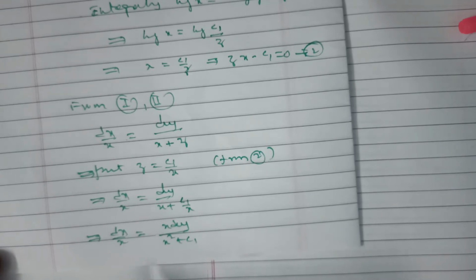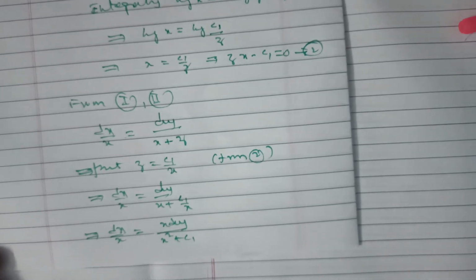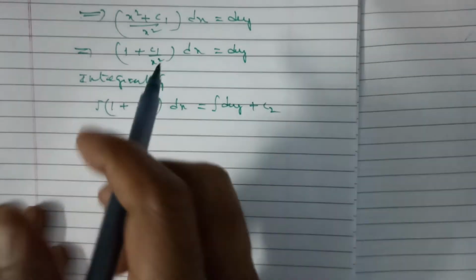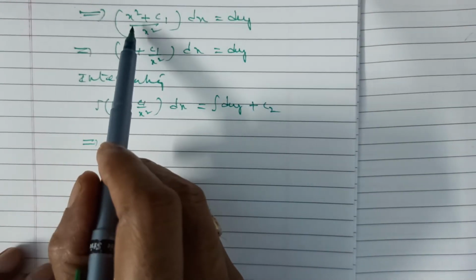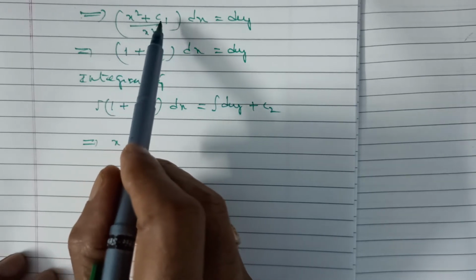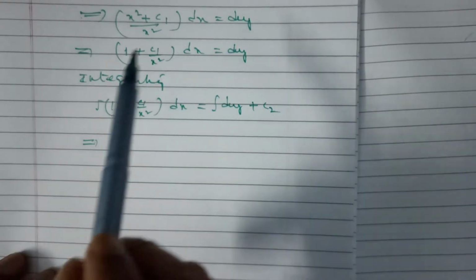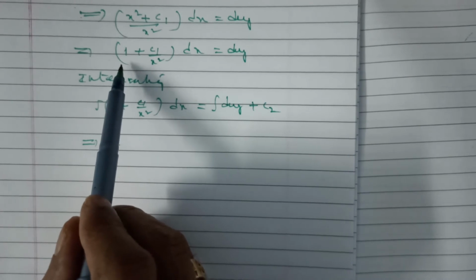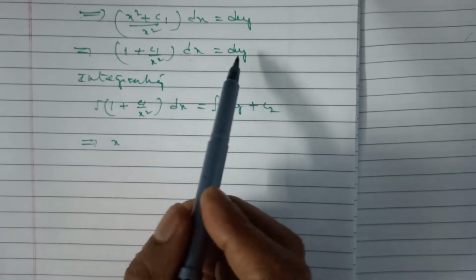So x square plus c1 divided by x square dx is equal to dy. So implies 1 plus c1 by x square dx is equal to dy.